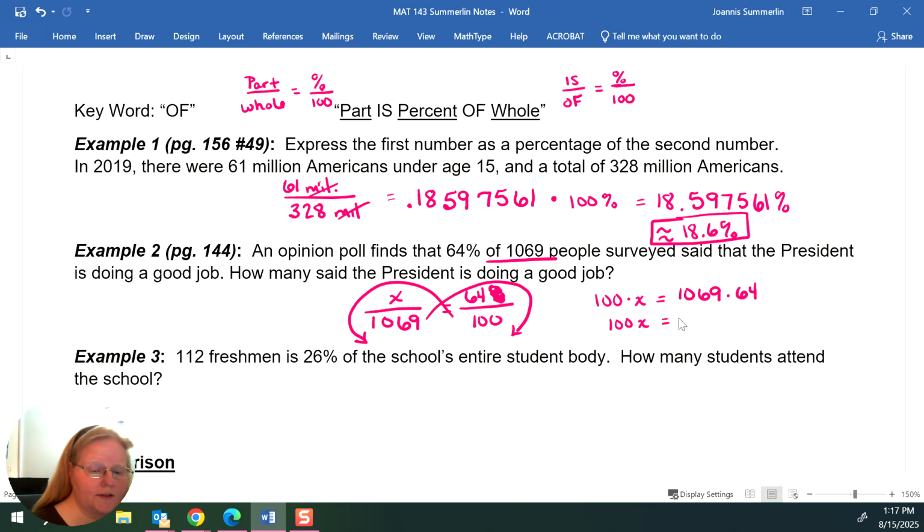So that's 100x is equal to 68416. And you could divide both sides by 100 and get x is equal to 684.16, or 684 people.